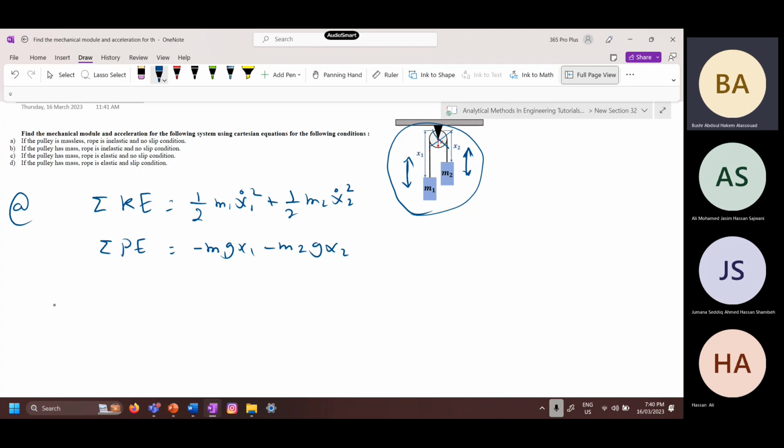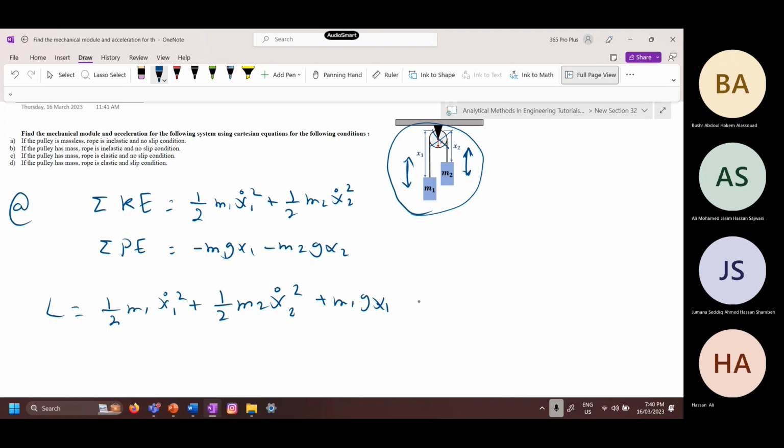Now apply the Lagrangian. Half m1 x1 dot squared plus half m2 x2 dot squared minus the potential, so it's going to be positive m1 g x1 plus m2 g x2.